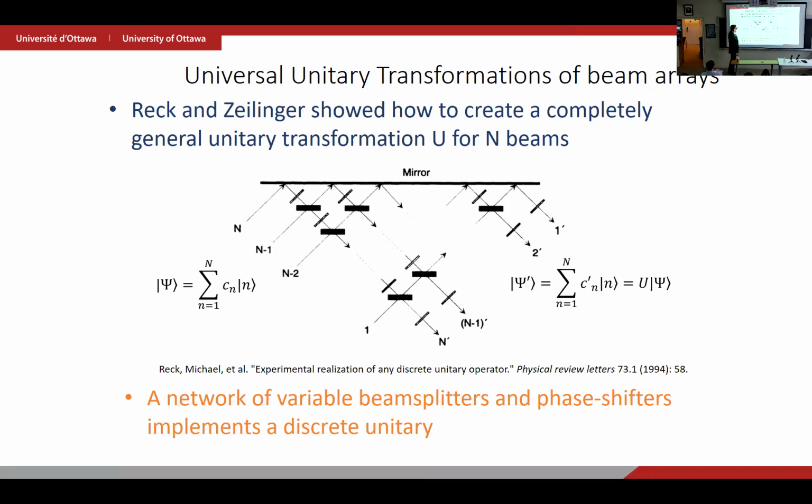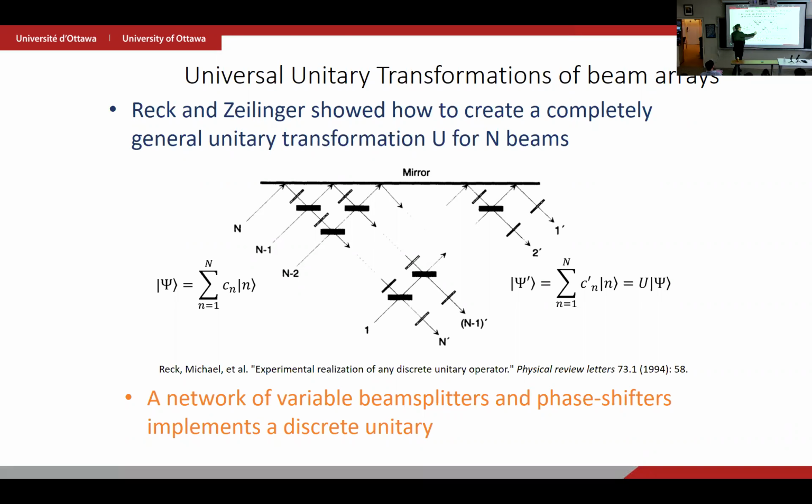So you'd have a photon, say in the language of quantum optics for single photons, that's in a superposition of being in these n beams. Each state represents a photon in one of those beams. And then coming out, you have a new state, which is just going to have new coefficients, but you can represent that as this unitary that you're trying to dial in times that state.